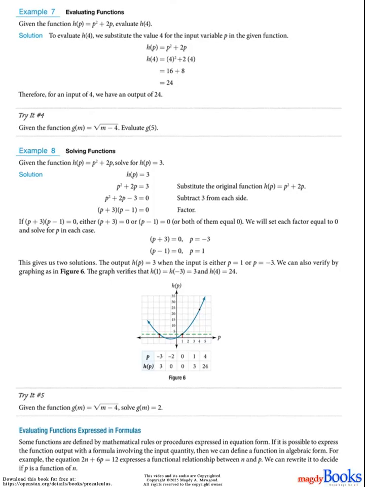Example 7. Evaluating functions. Given the function h of p equals p squared plus 2p, evaluate h of 4. Solution.